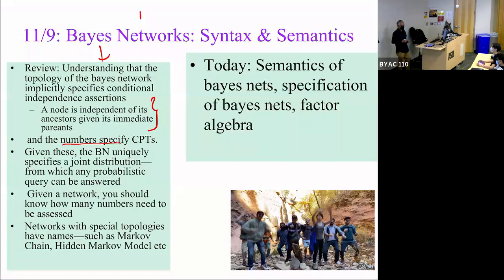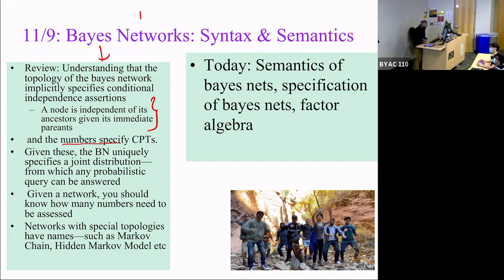In the case of multi-valued variables, you can still have CPTs. In the case of continuous variables, you can't actually provide CPTs. You have to provide some analytic expression, such as a Gaussian distribution or some exponential family distribution and so on. We won't get into that much, but it's worth keeping in mind.